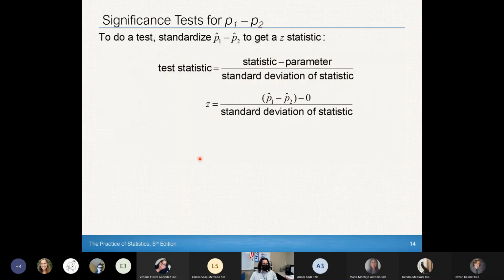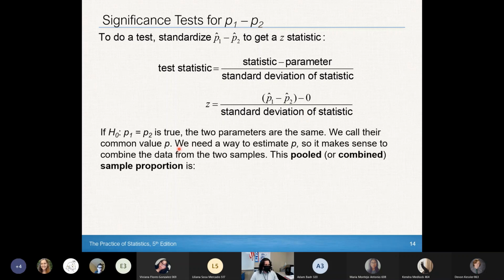So then to do a test, we need to standardize p hat 1 minus p hat 2 to get a z statistic. And again, test statistic equals statistic minus parameter divided by the standard deviation of the statistic. So we get z equals p hat 1 minus p hat 2 minus 0, because our parameter is that the difference is 0, divided by the standard deviation of the statistic.